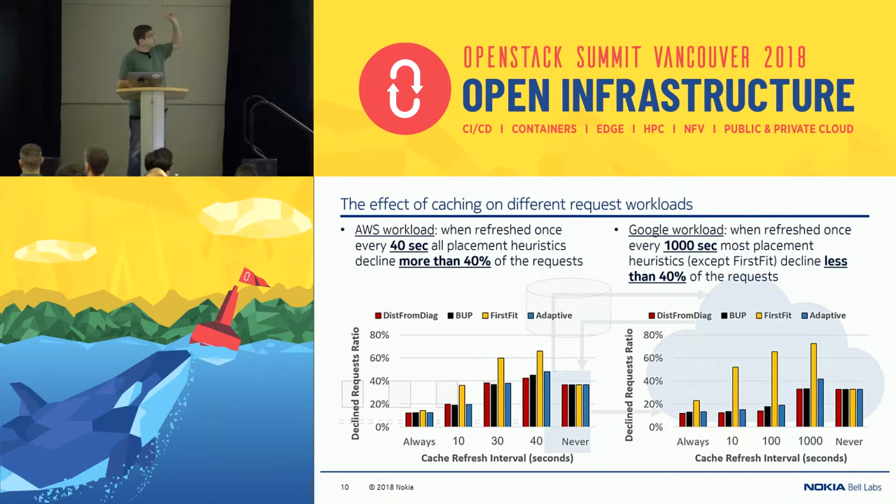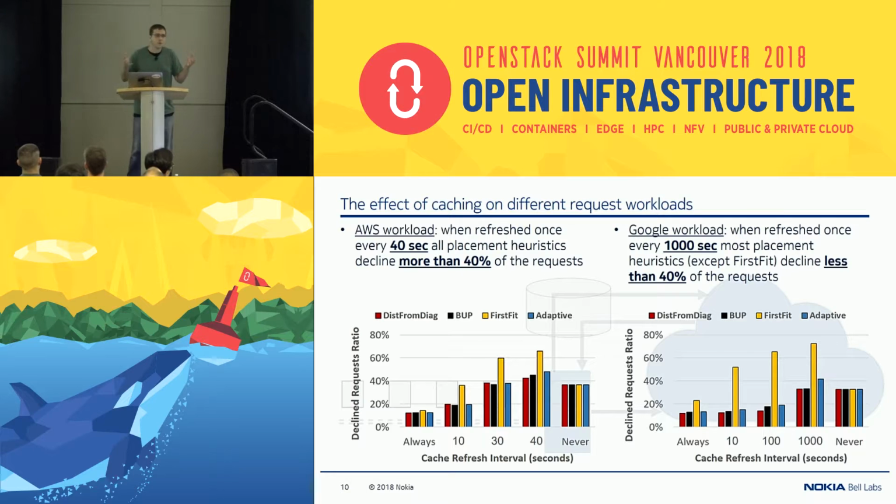Whereas if you look at the Google workload, even when you take a 1,000-second refresh interval of the caching, all heuristics, except for the first fit, which suffers the problem that I described previously, will have less than 40% decline ratio.